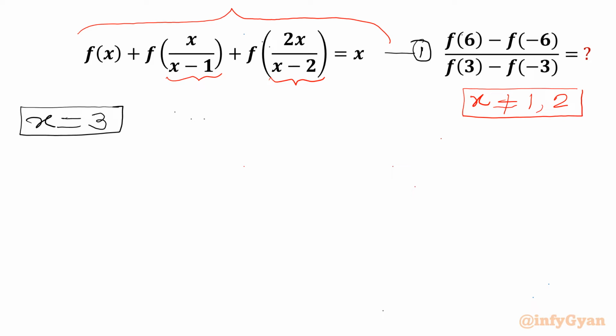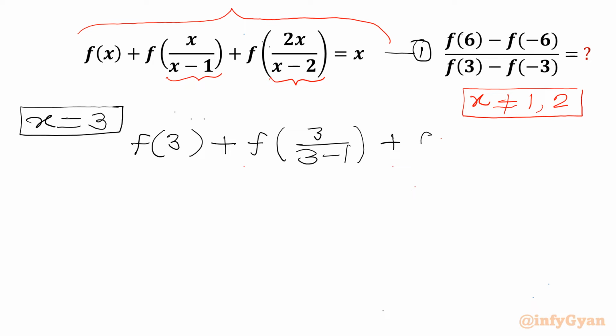Putting x equal to 3, I get f(3) + f(3/(3−1)) + f(2·3/(3−2)) equal to x, which is 3. So the RHS will be 3.